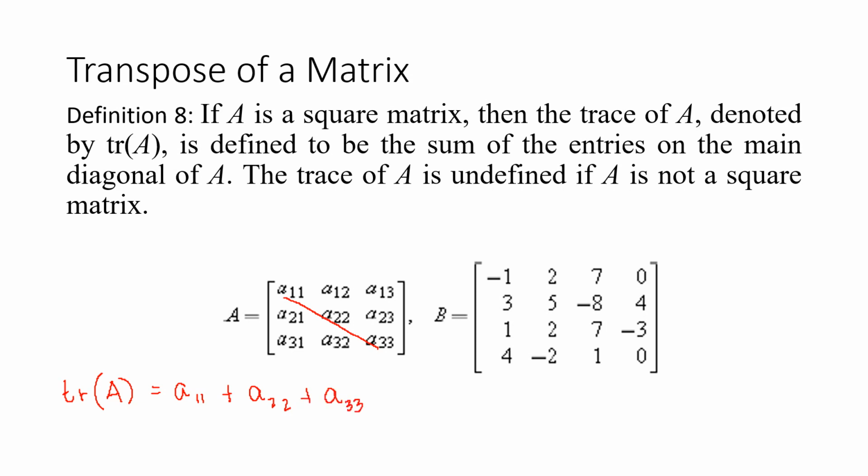And of course, the trace of B would be the sum of the main diagonal. So you have negative 1 plus 5 plus 7 plus 0 equals, that would be 11. So that's all for the topic of matrices and matrix operations.